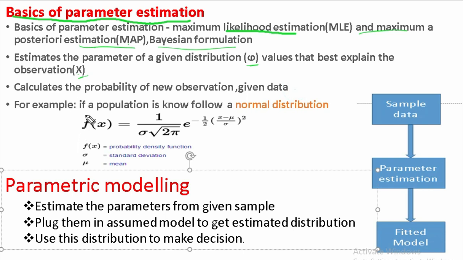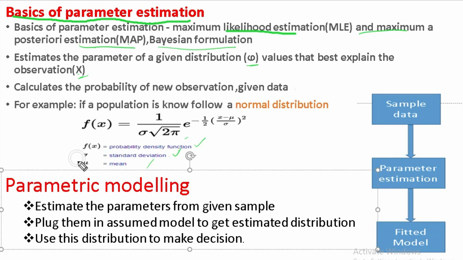You look here, you have a normal distribution. For the normal distribution, the probability density function f of x is equal to 1 divided by sigma root of 2 pi, e raised to minus half, x minus mu divided by sigma, the whole square. Okay, so you should know this equation, and you might have studied it in your engineering mathematics.